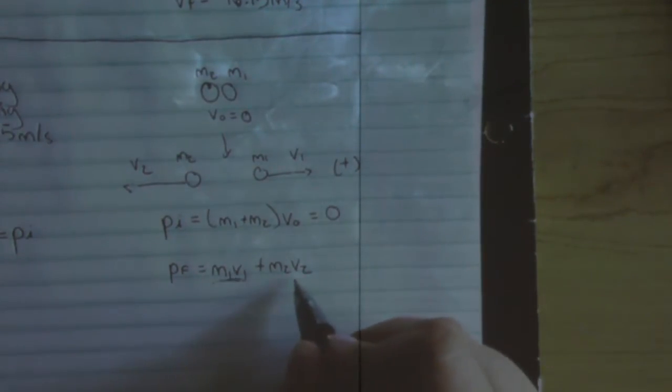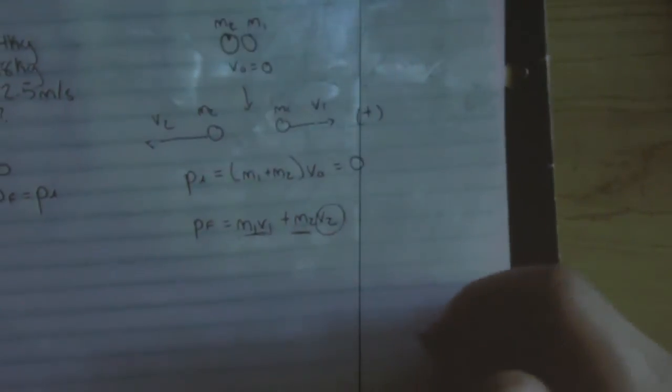Now for P final, we know that they both go their separate ways, so now they're separate objects. So this will give us m1 v1 plus m2 v2. So we know all the stuff for this one, we know the mass for this one, and we want to find v2. So we can set P initial equal to P final because our momentum is conserved.